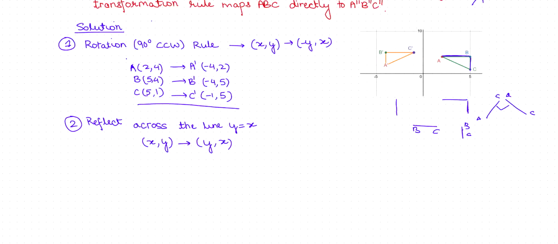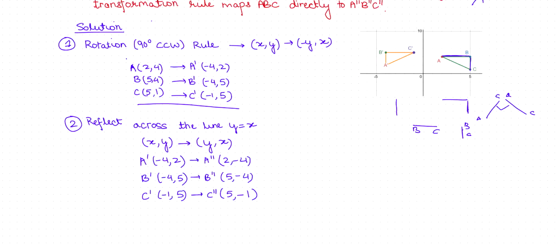Now reflect across the line y equals x. When we reflect across the line y equals x, x changes to y and y changes to x. They interchange. So these are the points: (-4, 2) changes to (2, -4). B prime is now (5, -4) and C prime is (5, -1).